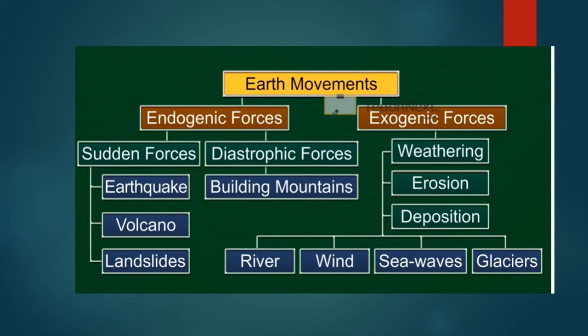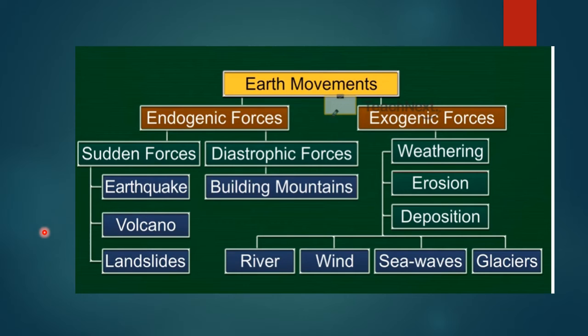There are two types of forces which act upon the earth and bring about changes on the earth. One we call an endogenic force, and the other an exogenic force. Now what is endogenic? Endogenic means what is happening inside our earth.